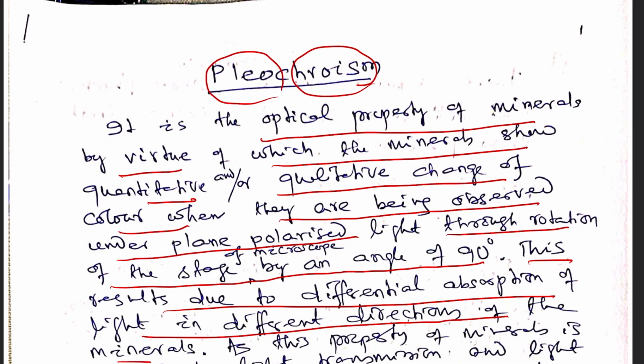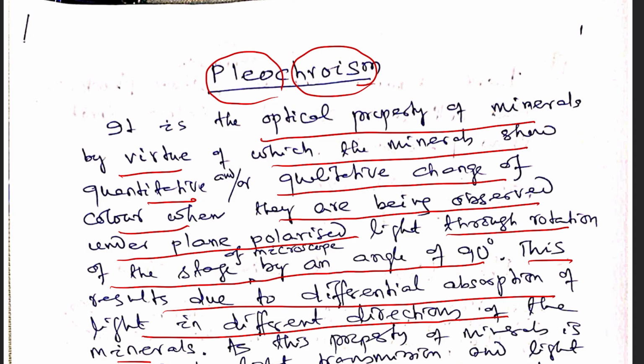As we know, minerals either have a uniform atomic structure in all directions or they have anisotropy in their atomic arrangement, because of which the minerals either show uniform absorption and transmission of light, or they may show a variation in transmission of light, as a result of which there occurs either quantitative or qualitative change of color.